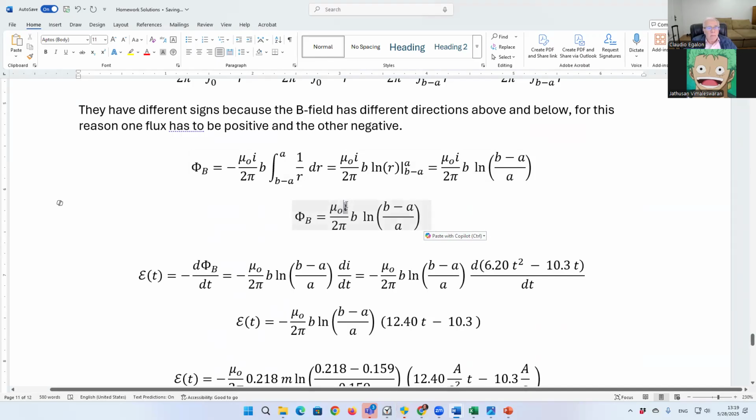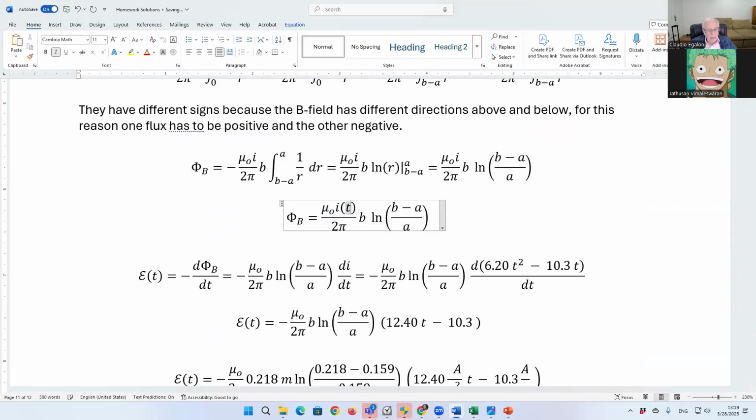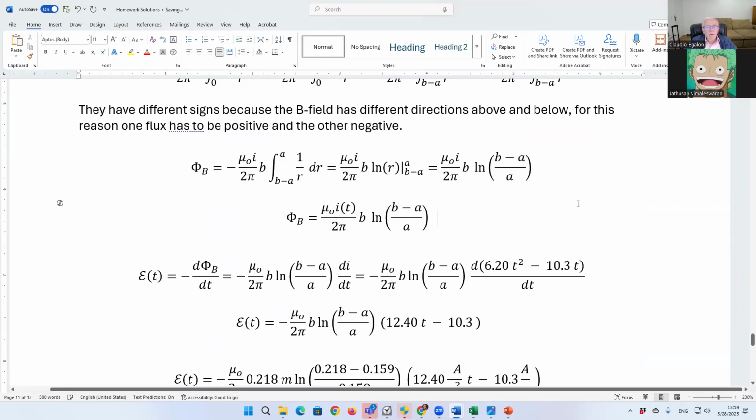Now I know that this term here is a function of time. Let's not forget that. This is the term that's going to induce a current, or an electromotive force, in the other circuit, which is given by the differential of the flux in time with a negative sign here.